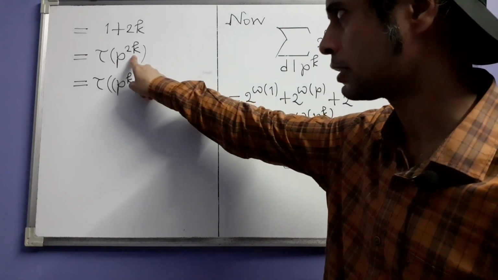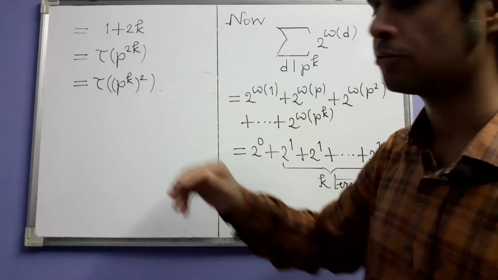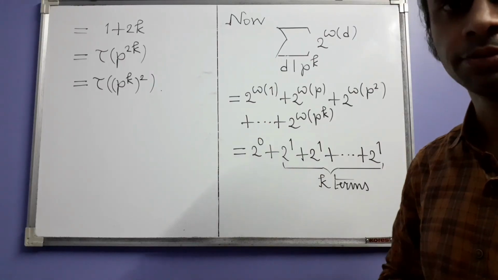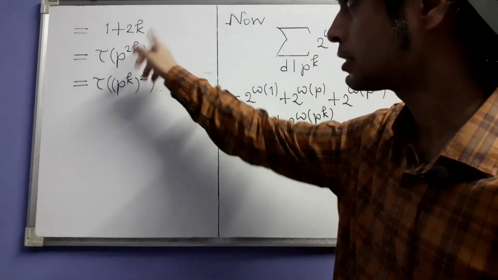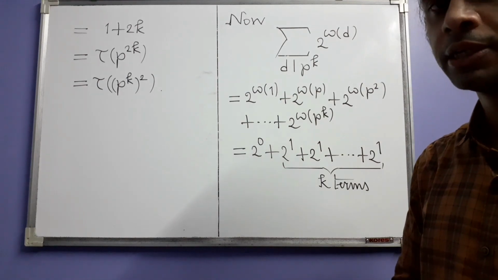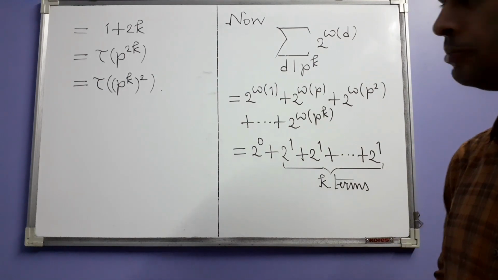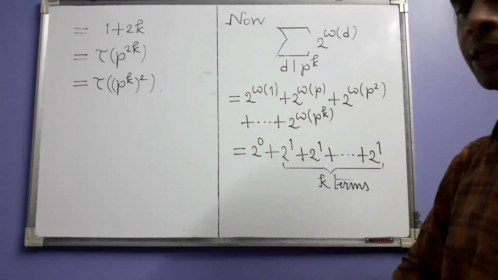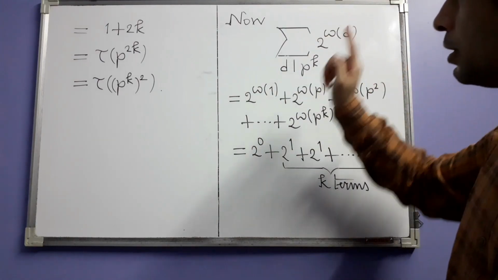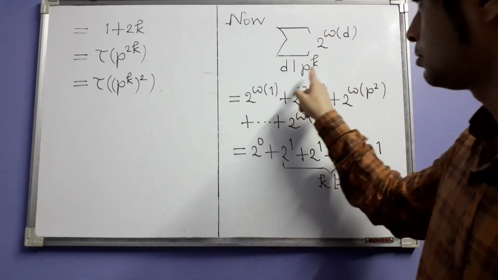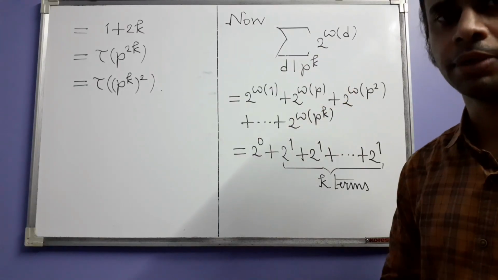Here there is only one exponent, so you just add 1 to it and you get 1 plus 2k. So that way this value is 1 plus 2k. But what is p to the power 2k? p to the power 2k is the square of p to the power k. So are you not getting what you wanted to get? Yes. This sum equals the tau value of the square of this number.